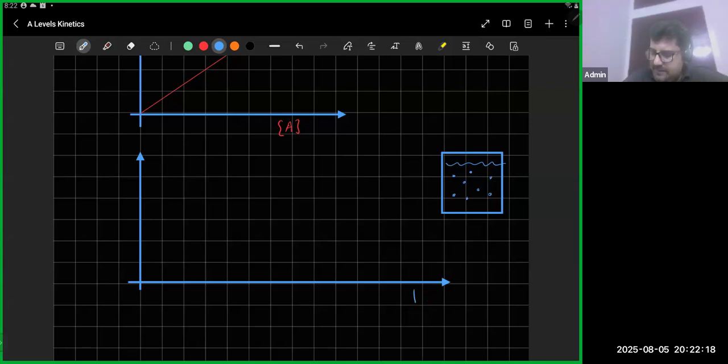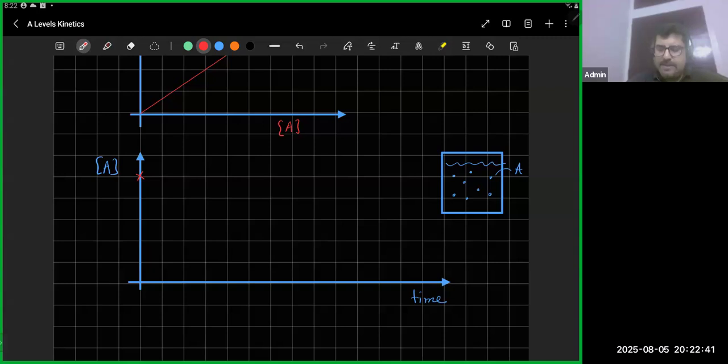So on this graph, on this axis you've got time. And imagine these particles are basically your reactant A. And remember it's an order one graph. So I've got A's concentration, which initially is at this point.